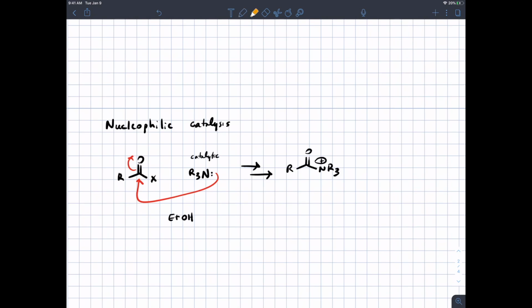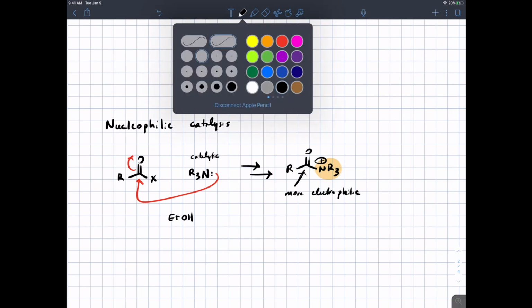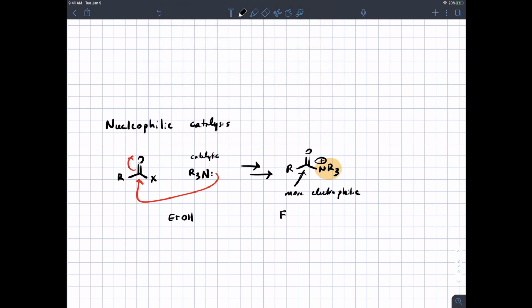You stick it on the carbonyl and now it's an even better leaving group, and it makes the carbonyl way more electrophilic because now you have a positive charge adjacent to something that's already electron poor. So now it's super activated, and you can have your alcohol do the attacking and ultimately get to your ester product, and your trialkyl amine is regenerated.